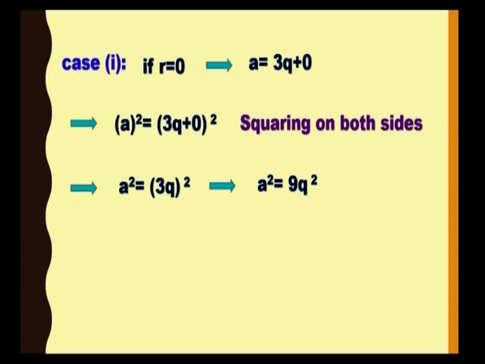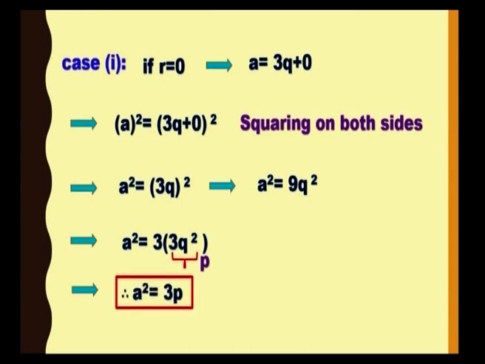So 9q square I can adjust like a square is equal to 3 into 3q square, by taking 3 as common, and 3q square I am considering as p. Then I can conclude this case 1 as a square is equal to 3p, where p is equal to 3q square.